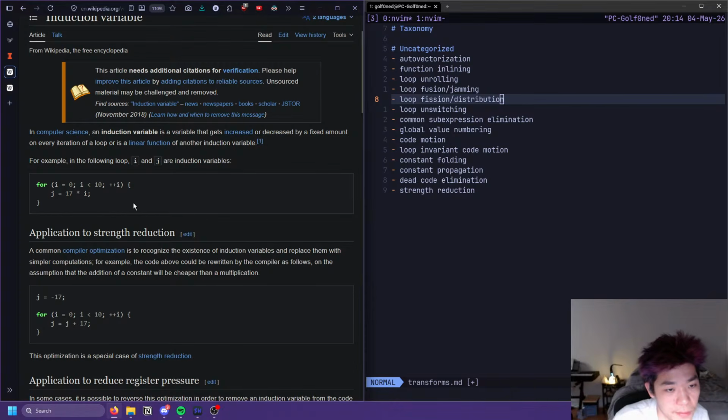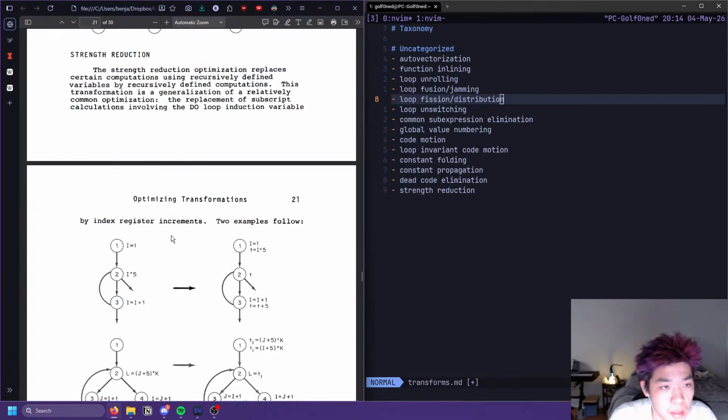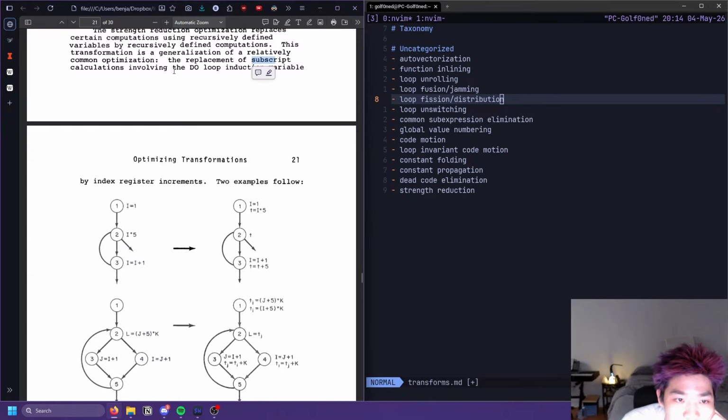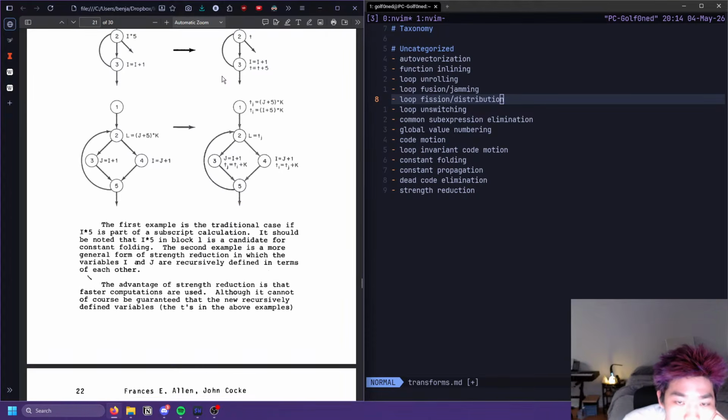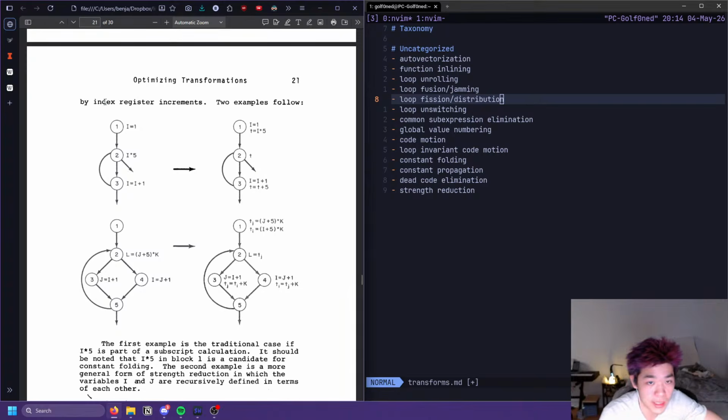Oh, I see. Okay. That makes sense. Okay. Oh man, okay. Replacement of subscript calculations involving the do loop induction variable. So what is happening here? By index register increments. Okay.